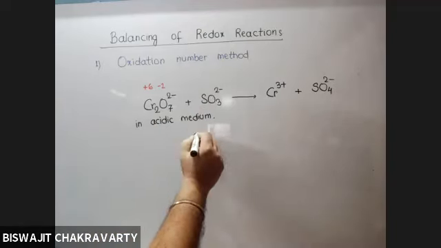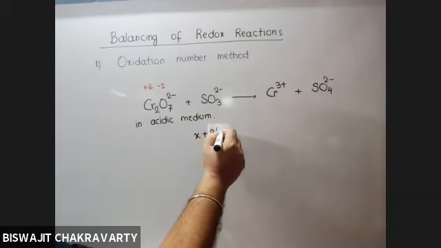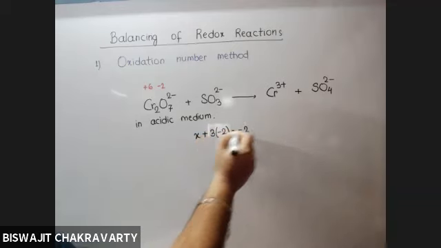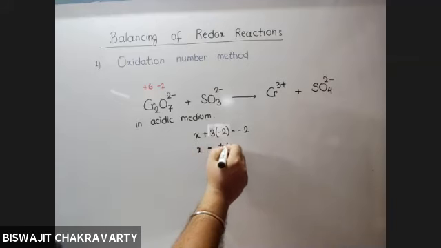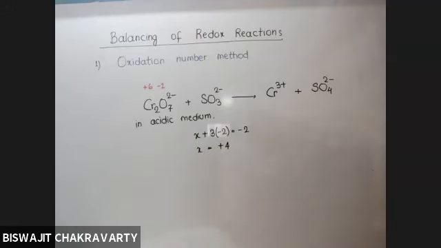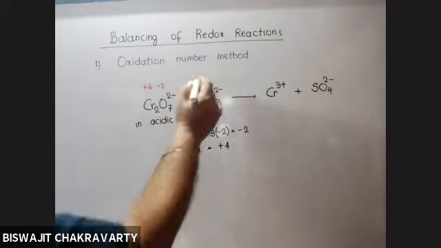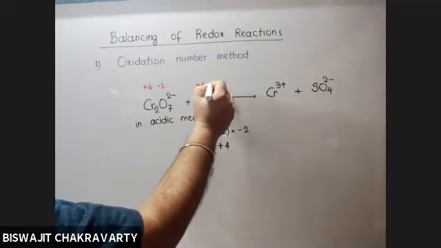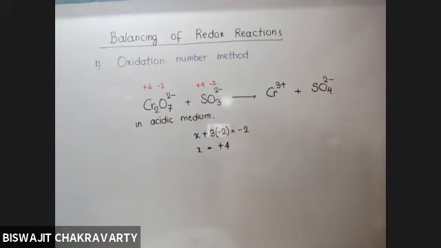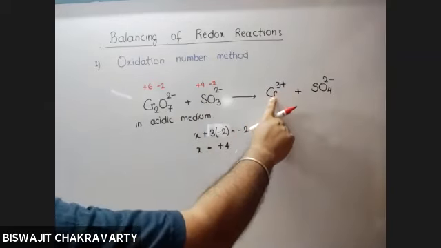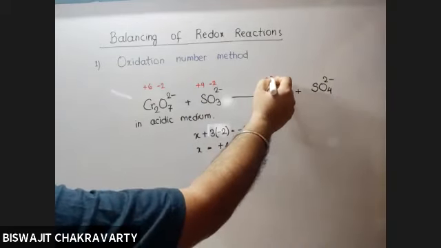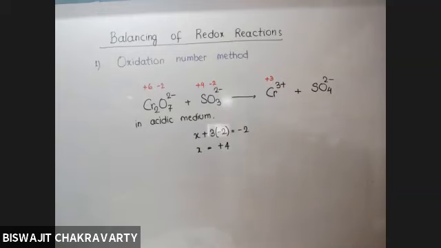X plus 3 into -2 is equal to -2, so X is +4. So S is +4, oxygen is -2. For chromium ion there is no need to calculate because it is directly visible, +3 only, as it is an atomic ion.